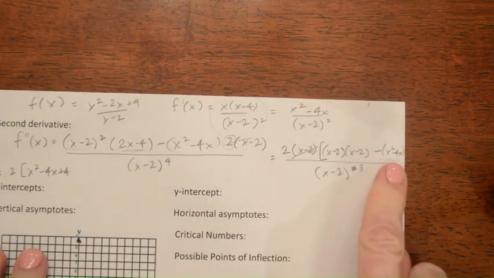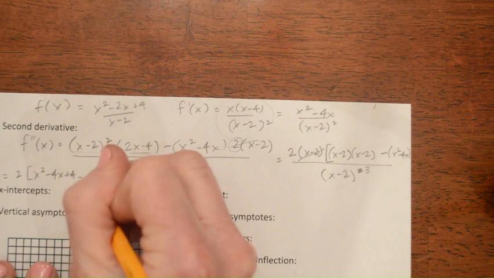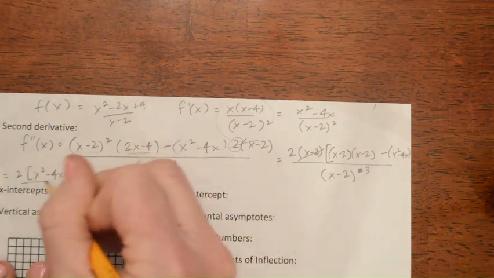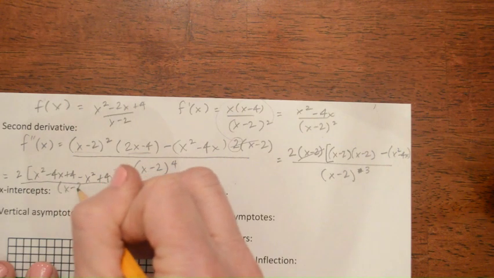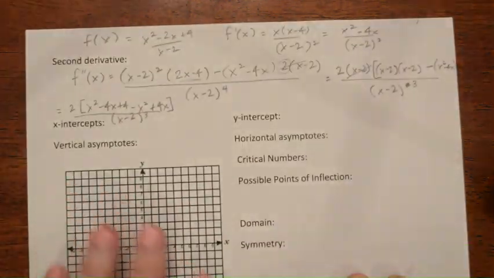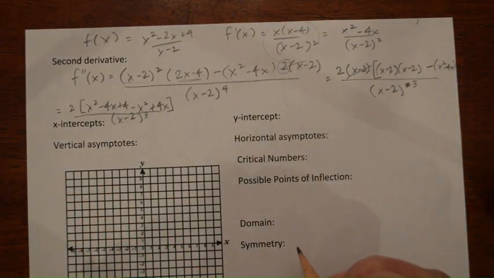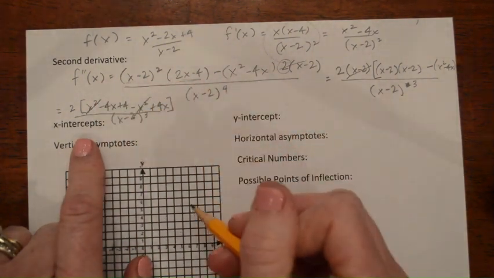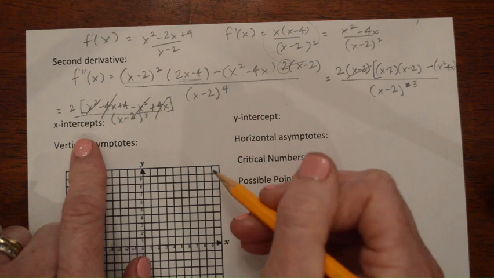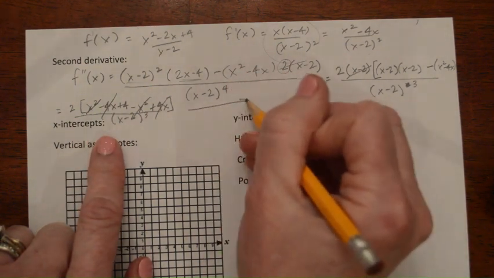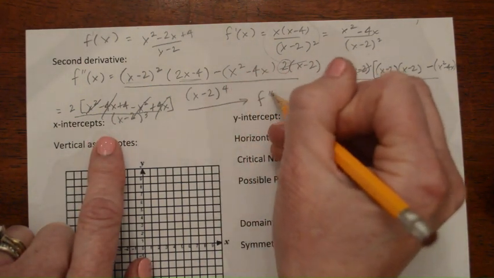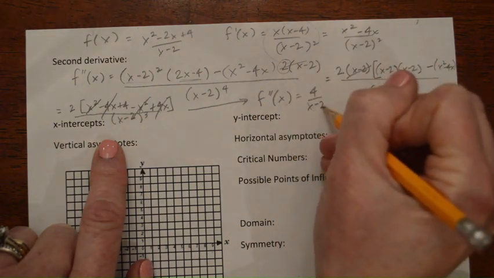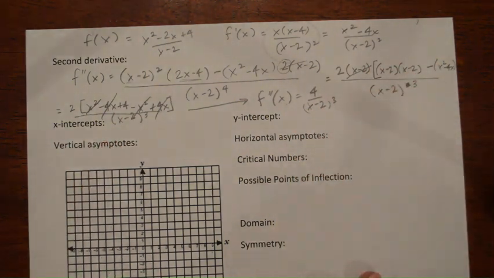And when I distribute the negative through, I get minus x squared plus 4x. And it's all over x minus 2 cubed. When I simplify that, the x squareds cancel out, the 4x's cancel out, and I just end up with f double prime of x equals 4 over x minus 2 cubed.